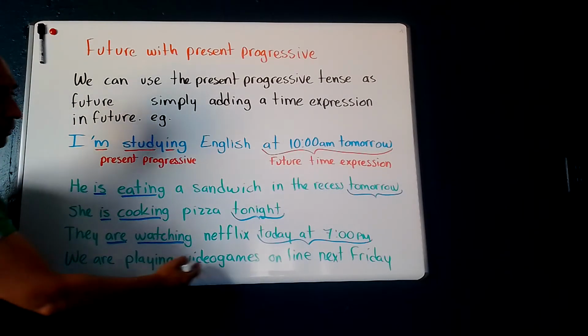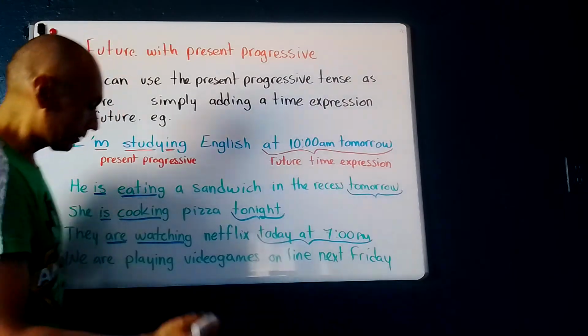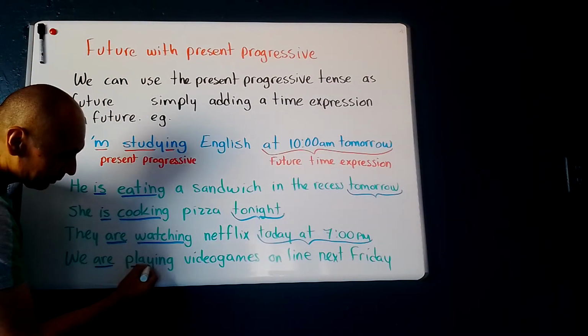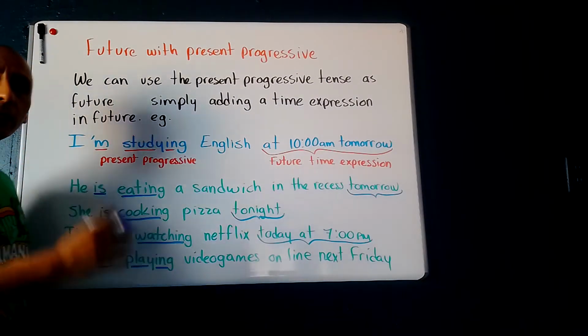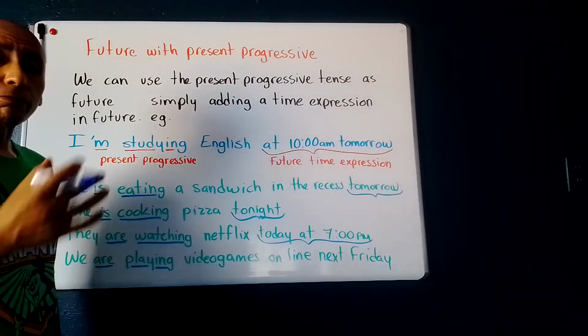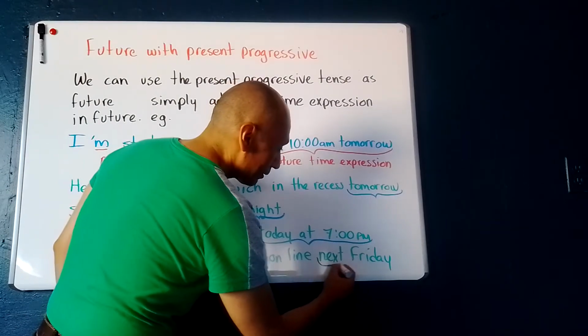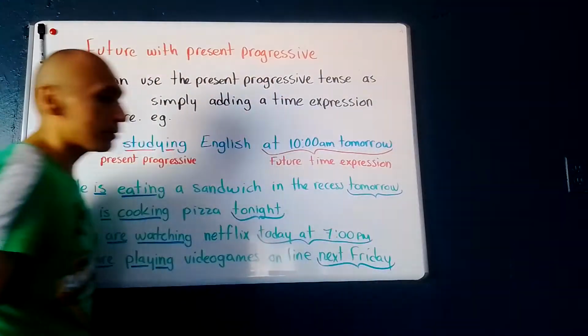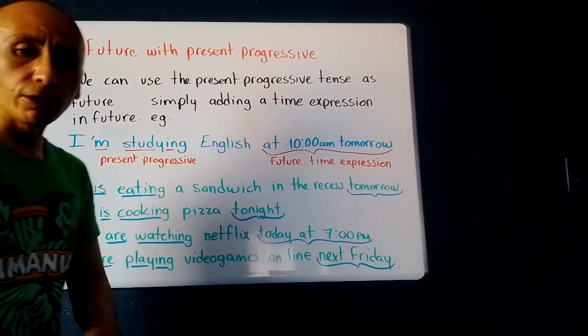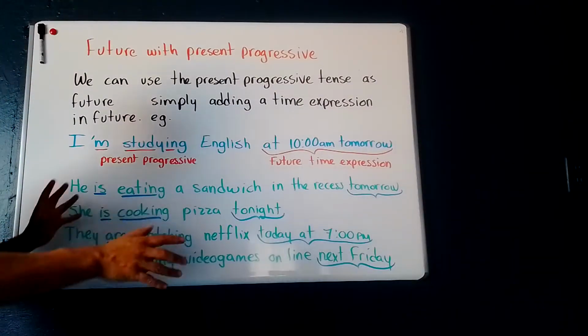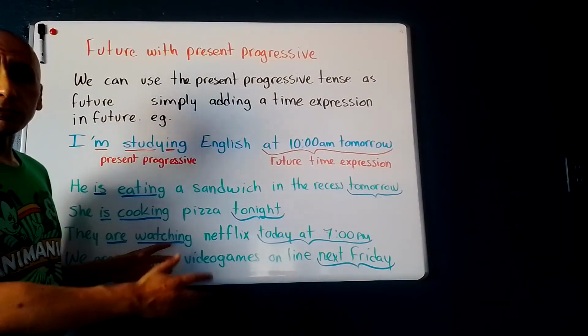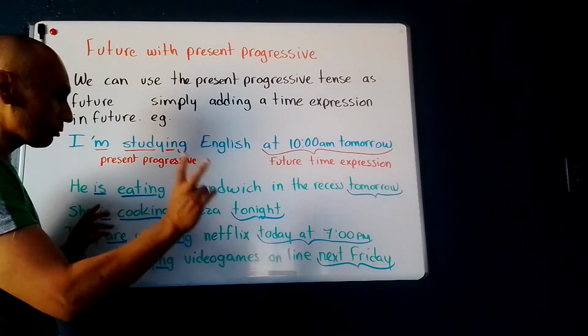In the last, we are playing video games online next Friday. Are playing is going to be my verbal structure, while next Friday is going to be my time expression in future. So as you notice, here in all these sentences, we are using at the same time the two elements.